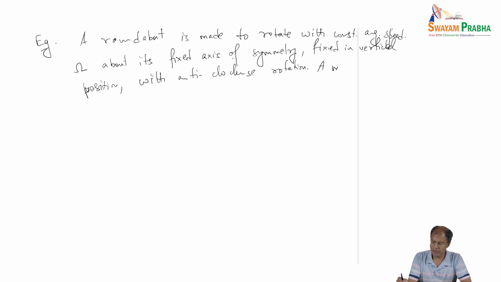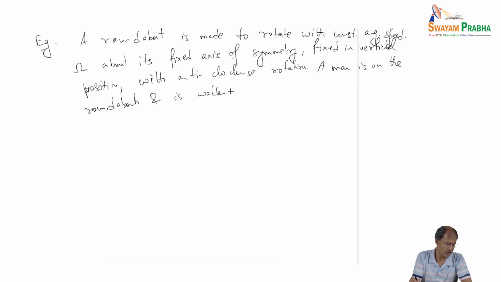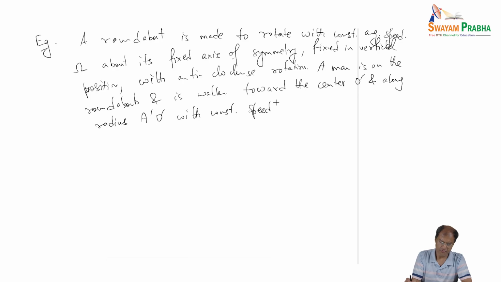A man is on the roundabout and is walking towards the center O prime, and moving along radius A prime O prime with constant speed v.